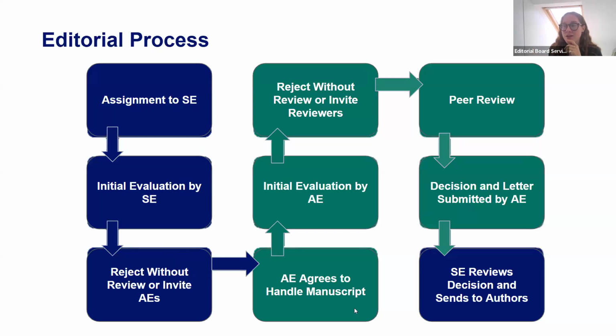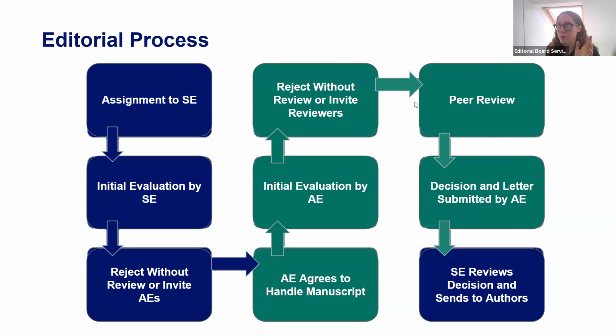As an AE, you would agree to handle the manuscript, and then conduct another initial evaluation. You might decide at that point that the paper isn't suitable for the journal and reject the paper without review at that stage, or decide to invite peer reviewers and move ahead with that process.